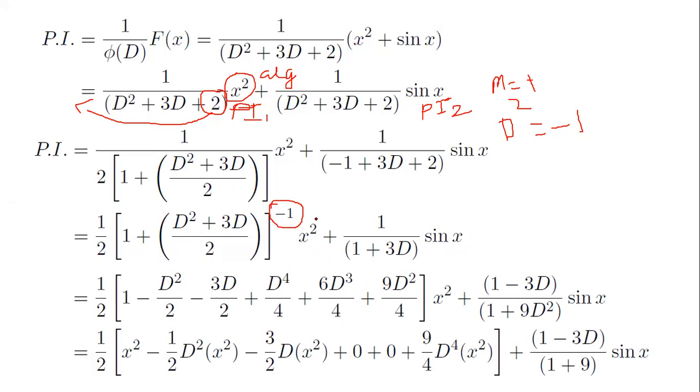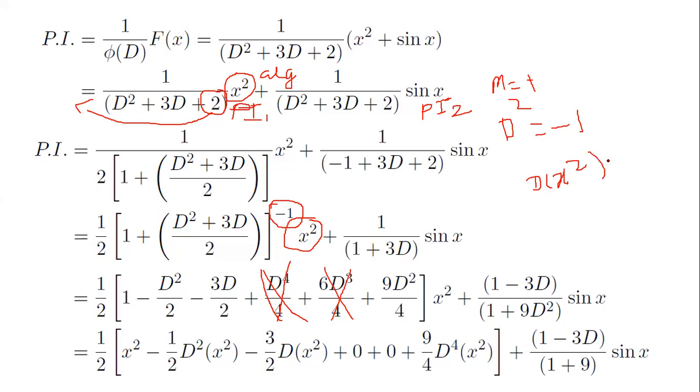So here also the power is x², therefore we have to expand up to D². D³ and D⁴ we do not need to consider, because they will be 0. Once we expand this, we multiply x² by 1, therefore 1 by 2 x², and D² by 2. What is D of x²?